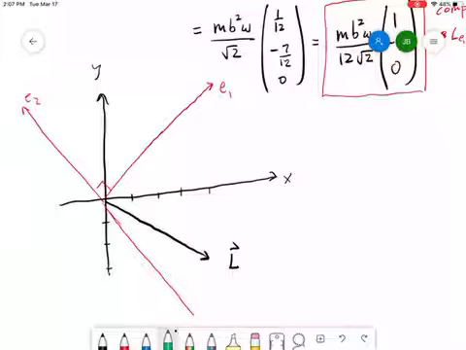So what we are going to try to do is re-express L, which we'll start with in terms of xy components, and rewrite that in terms of E1 and E2 components. One thing we're going to need is this angle, which I'll call phi.